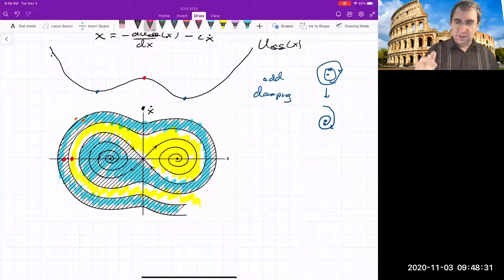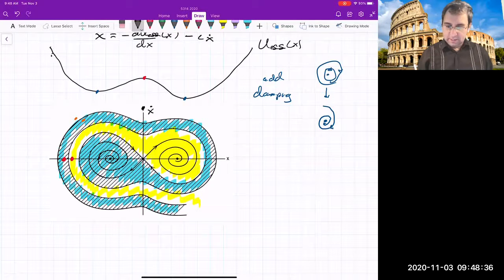So the terminology for what's being shown here is that yellow is the basin of attraction for the right equilibrium point.